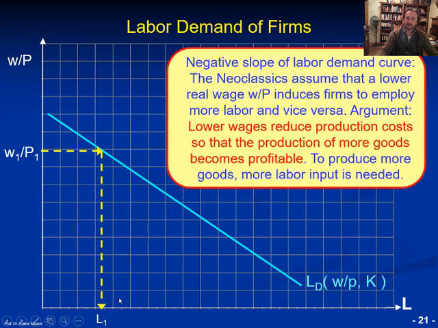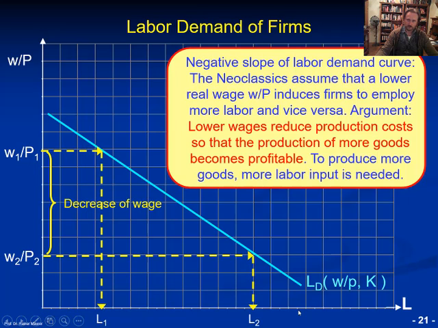If the wage rate decreases from this level to a lower level, let's say this one, then labor demand increases from L1 to L2. So this is the consequence of the negative slope of the labor demand curve.